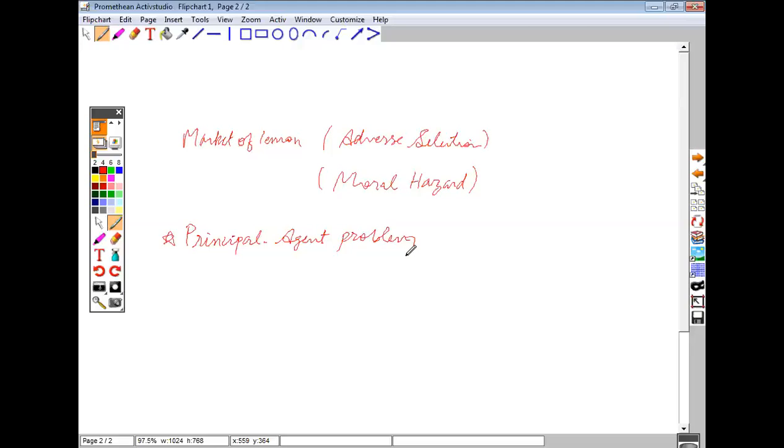Just to give you a very simple example, let us say there is a company and you have 500 workers and there's only one manager. That manager has to decide if he should go on a monitoring round to check whether the workers are working or not.